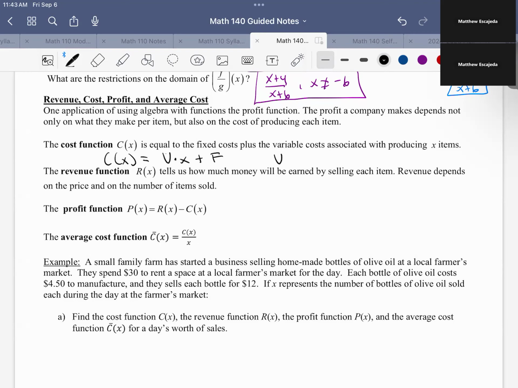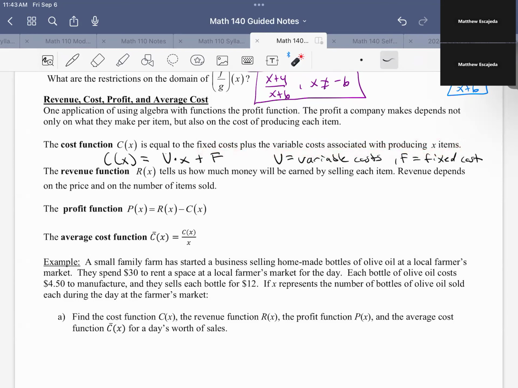Well, V just means variable costs, and F is just the fixed cost. Just like the definition: fixed cost plus a variable cost per each item.